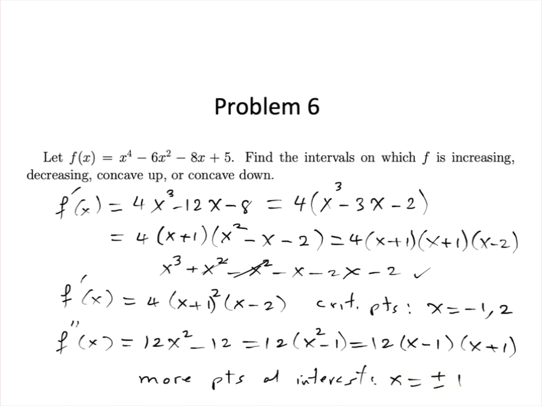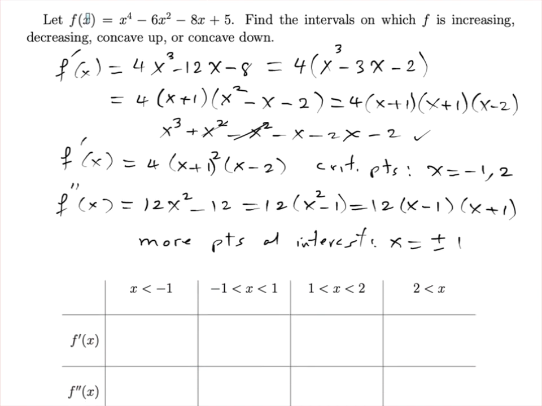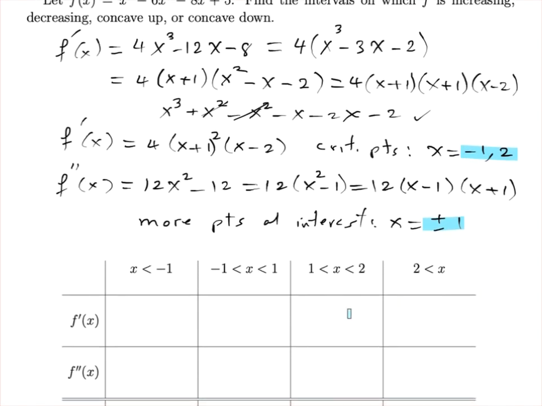So now we make a table. So we have these values for the table, and that's this over here. So we need to locate these on the number line. They both share negative 1, f prime and f double prime, and then plus 1 and 2.